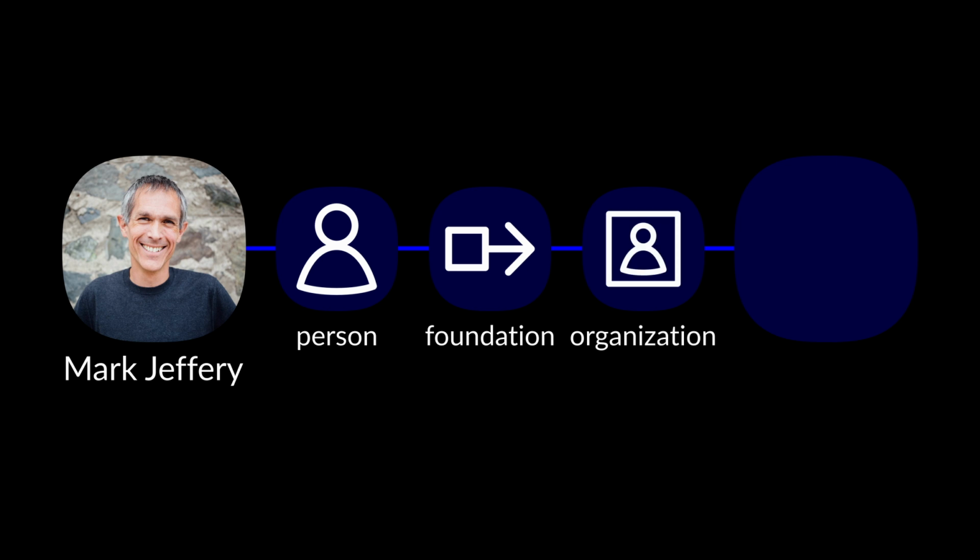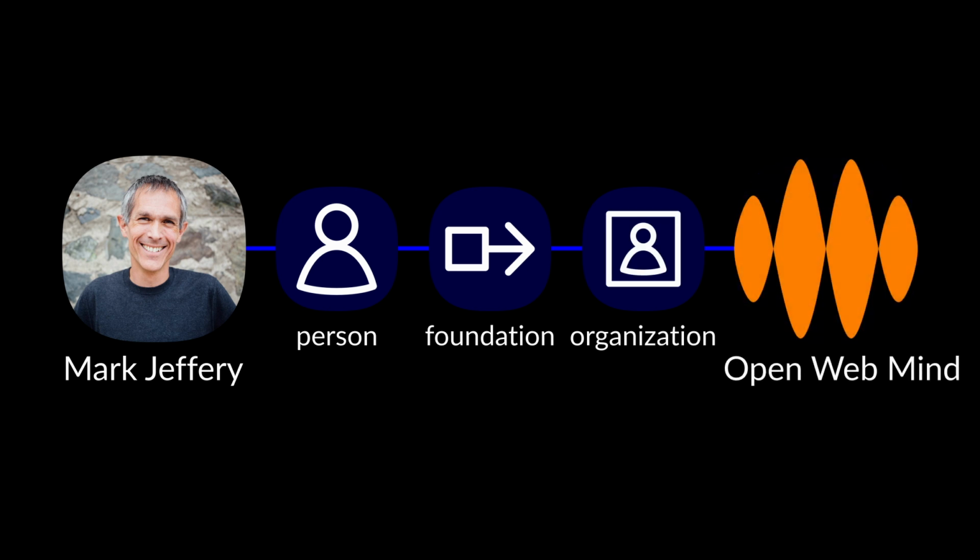And there's one more principle to bear in mind. A hyperedge should involve as few nodes as possible while fully communicating the relationship it represents. For example, I could create a 5-node hyperedge to communicate the relationship between me and OpenWebMind. Me, person, foundation, organization, OpenWebMind.